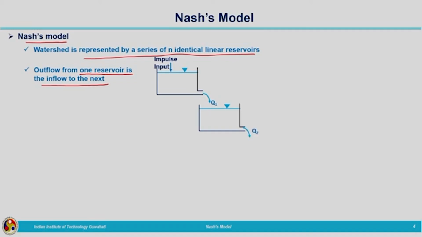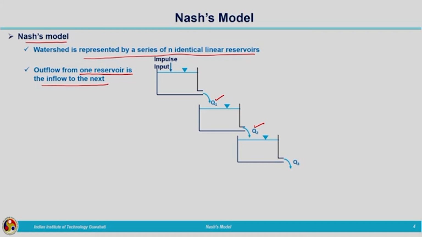This continues like this: Q1 is the input to the second reservoir, Q2 is the input to the third reservoir, and Q3 will be the input to the fourth reservoir. That way we have n linear reservoirs. Why am I specifying linear reservoir? If we make use of the principle of linear reservoir, we can assume S is equal to KQ, that is, S is proportional to the outflow from the reservoir. So, this Q3 goes to Q4 and finally we have the nth reservoir.